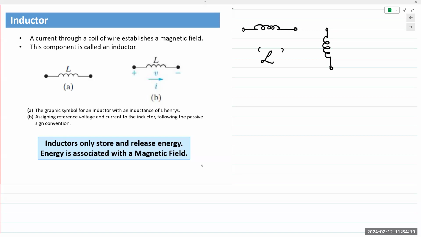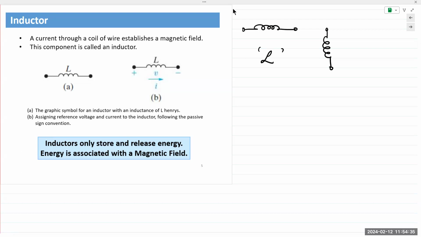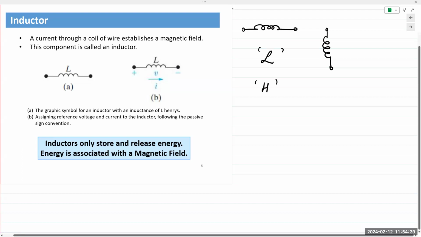And the unit is, anyone? Unit for inductance? Henry. Named after an American physicist, Joseph Henry. I would like to say it's named after me, but I didn't discover it. H for Henry.